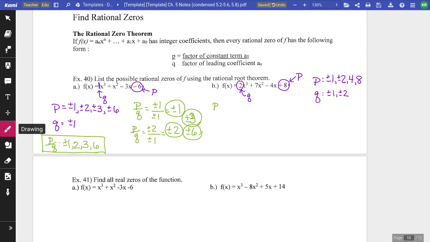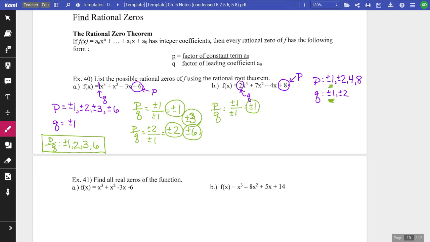I'm going to take my first P, which is plus and minus 1, and divide it by the first Q, which is plus and minus 1. That's going to be plus and minus 1.